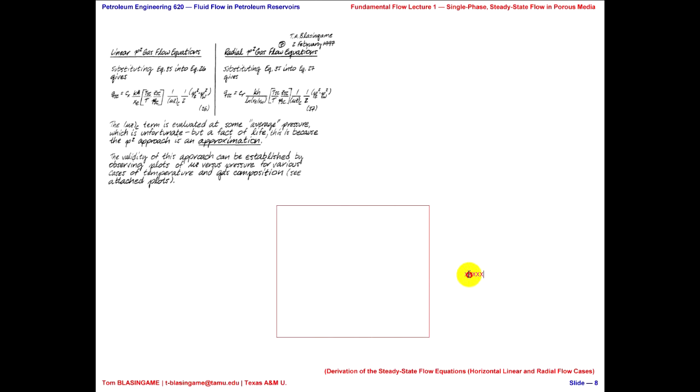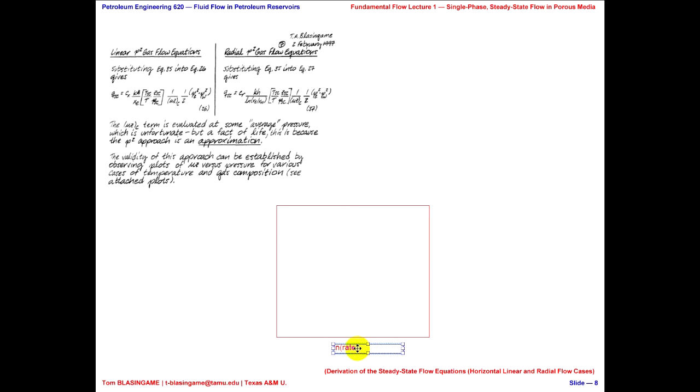So what happens when I plot rate on the x-axis? Actually, I guess I need to say log of rate. And I'll be lazy and say ln.